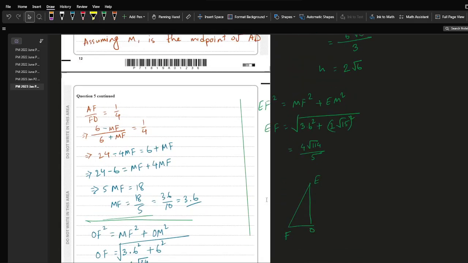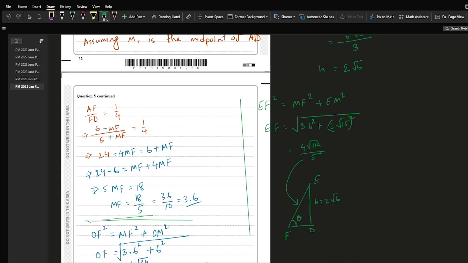We have calculated EF, which is this right here, and this is H, 2 root 6. So we have to find this angle. Let's call it phi, since we have already used theta, or we can use theta.